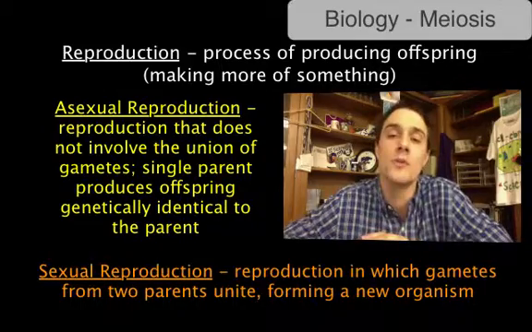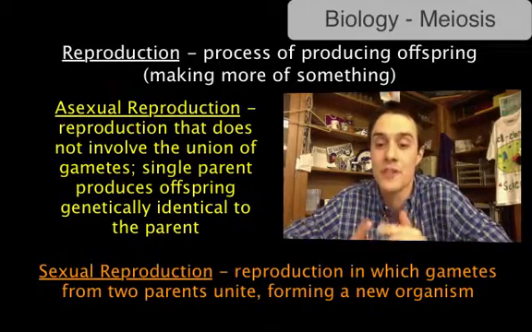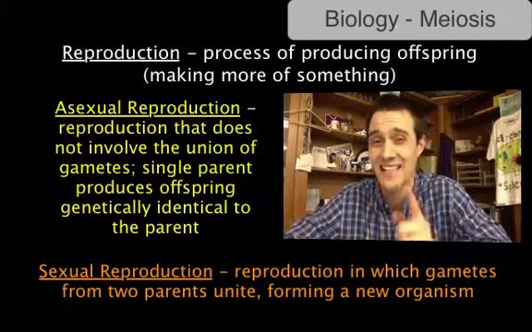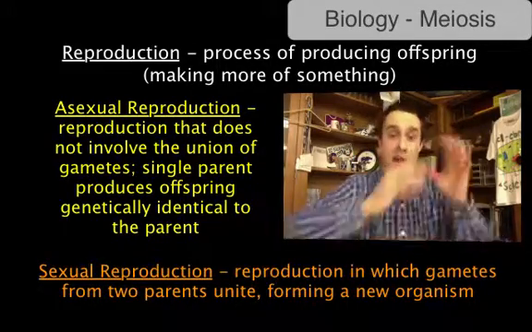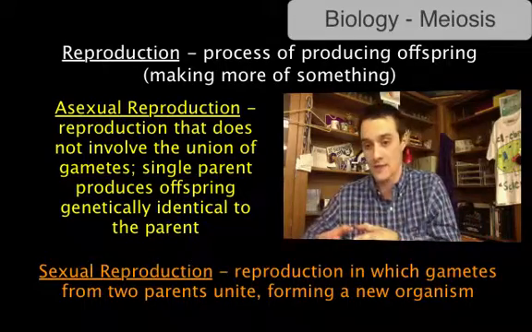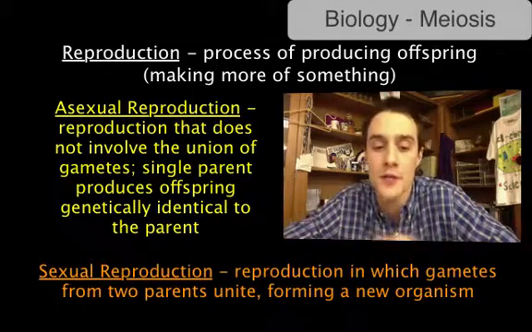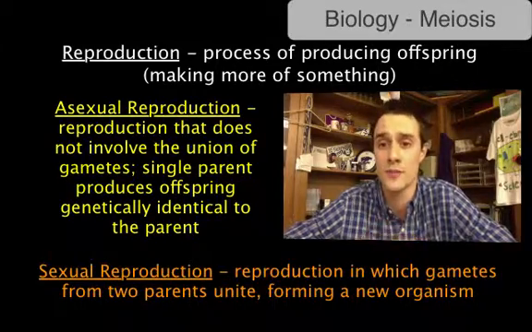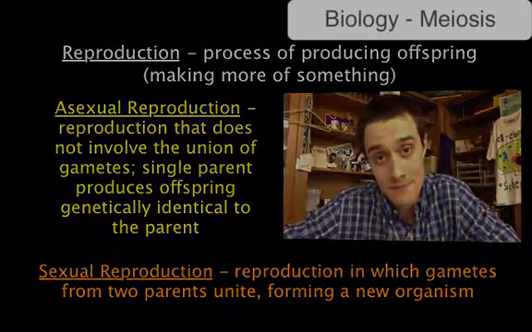Because both parents contribute genetic material, the offspring have traits of both parents, but they're not exactly identical to either one. They're half of the male, half of the female. Sexual reproduction with the formation of haploid cells occurs in eukaryotic organisms, especially human beings.